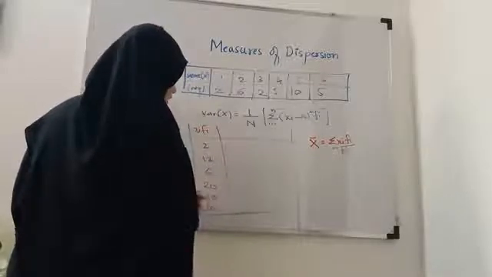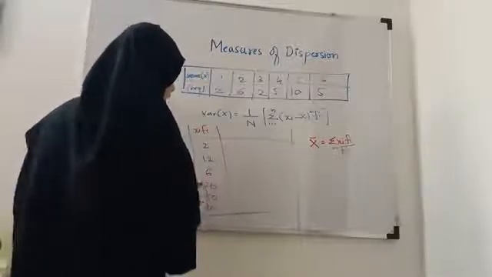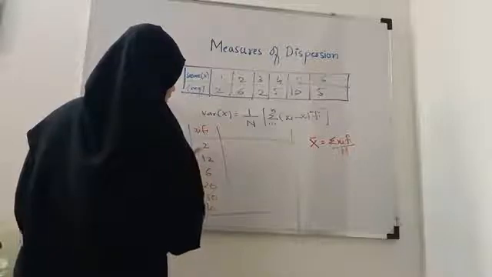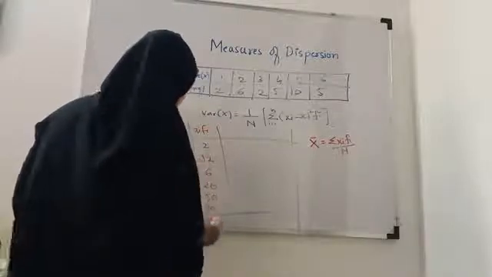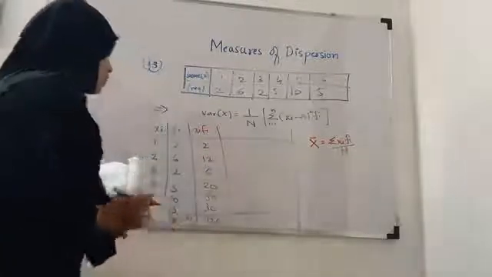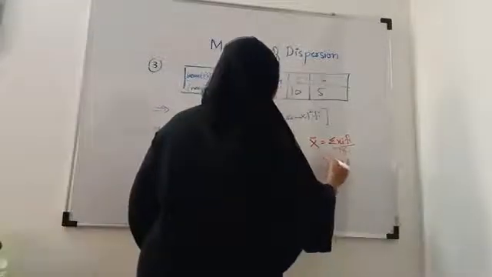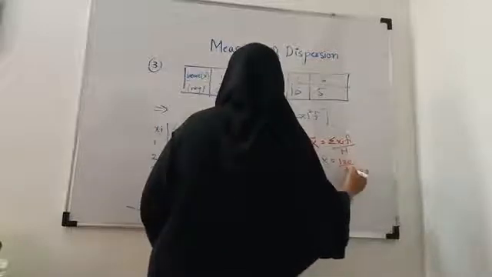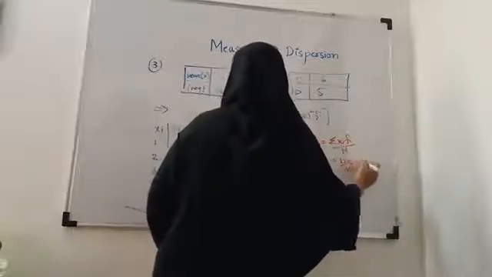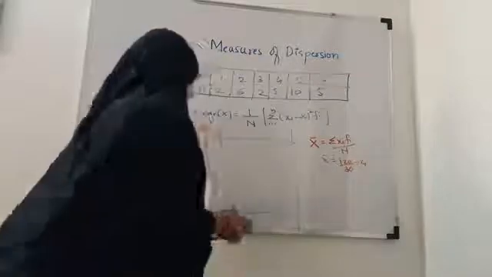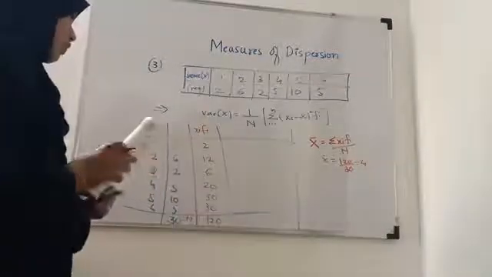So 2, 14, 20, 40, 90, 120. Summation of xi into fi is 120. Therefore x bar is equal to 120 divided by 30, which is 4. X bar is equal to 4.